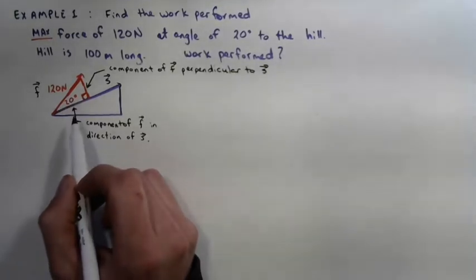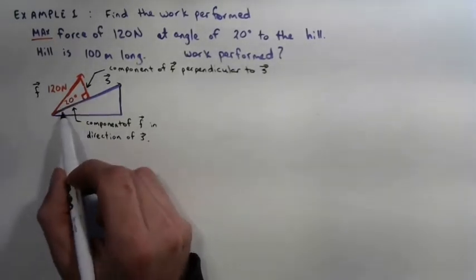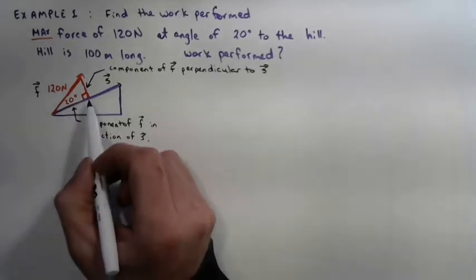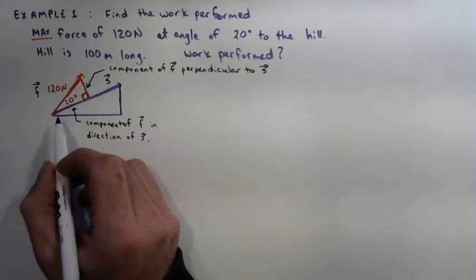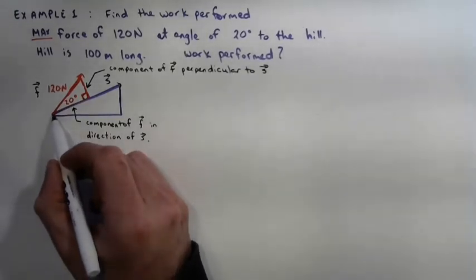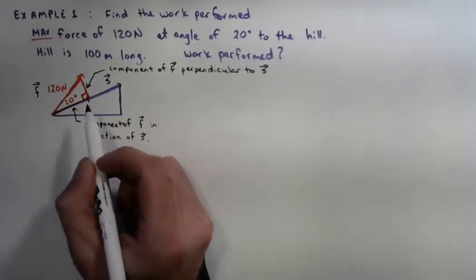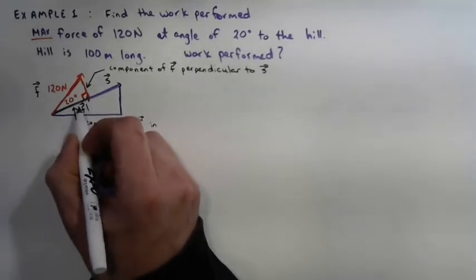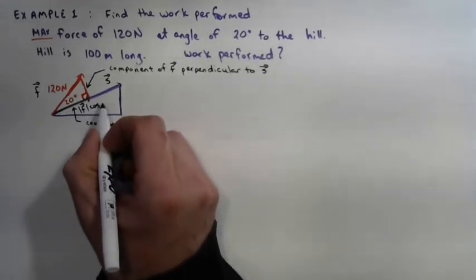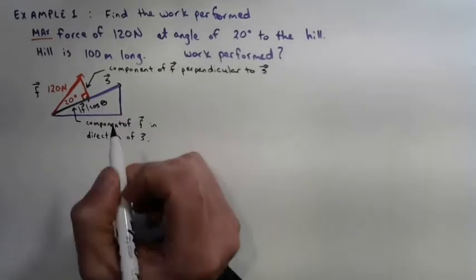And it is fair to call this F sub X and this F sub Y. They can really be called whatever they want, but what we already actually know about this length right here is that it is going to be the magnitude of F times the cosine of theta.